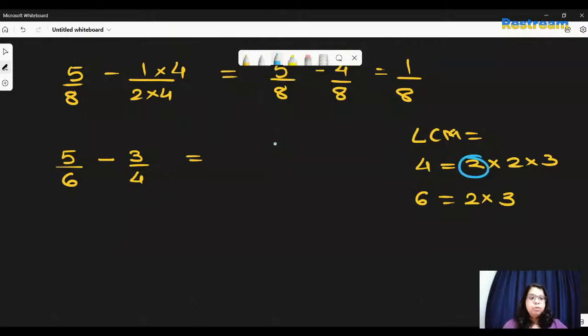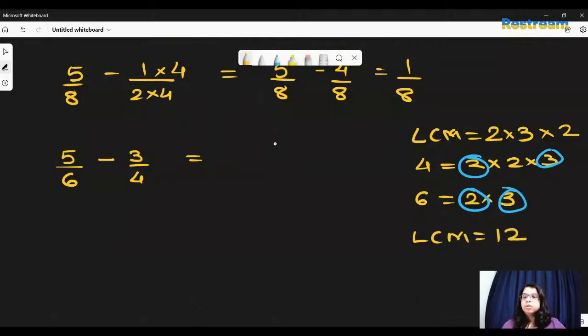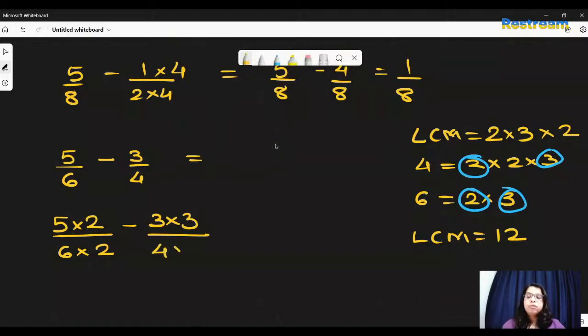So we have a 2 over here, then we have a 3. So we have multiplied by 3 and then this remaining 2. So your LCM is equal to 12. So now we are going to multiply this first fraction with 2 and the second fraction by 3. So it is 5 times 2 over 6 times 2 minus 3 times 3 over 4 times 3, sorry, my bad.